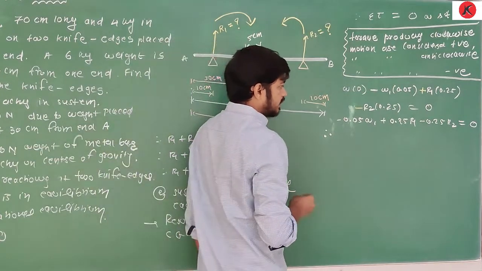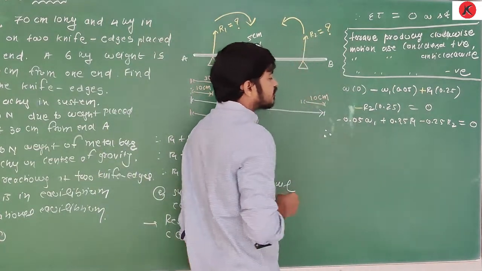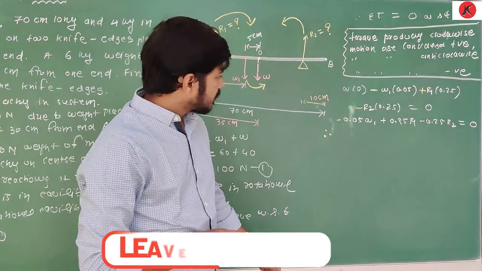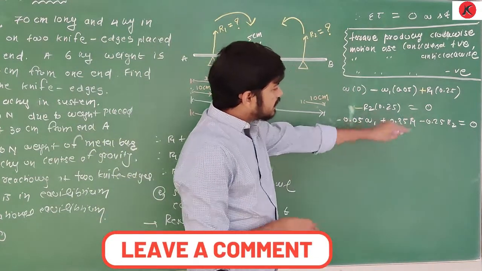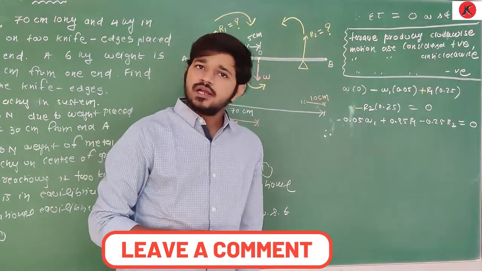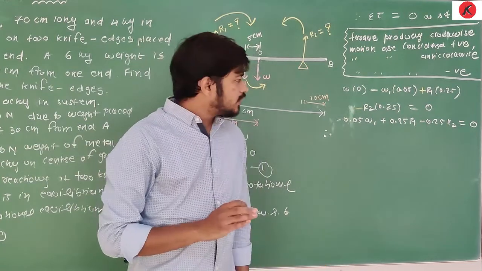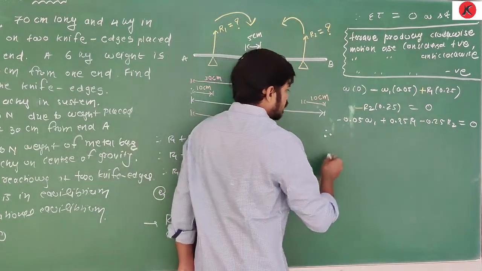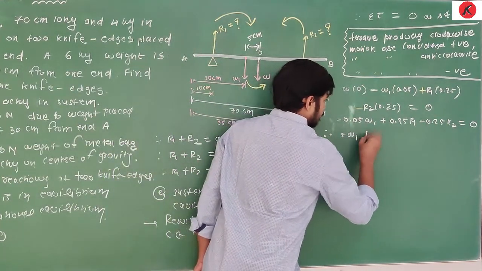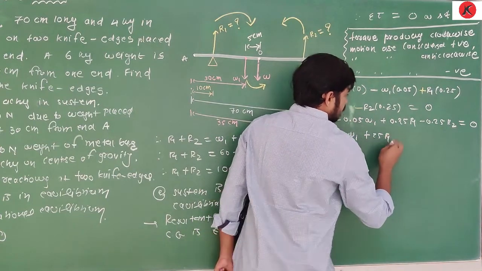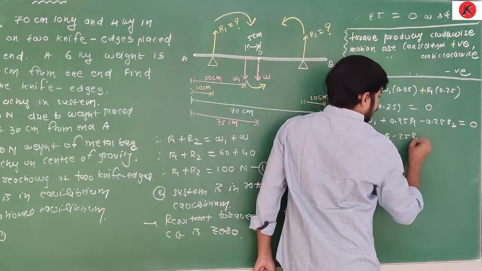how to write this one? See, 0.05 means 5 divided by 100, and 0.25 is 25 divided by 100, and that is also 25 divided by 100. Yes or no? So the 100s we can cancel out. Okay, so it is minus 5W1 plus 25 R1 minus 25 R2 is equal to 0.